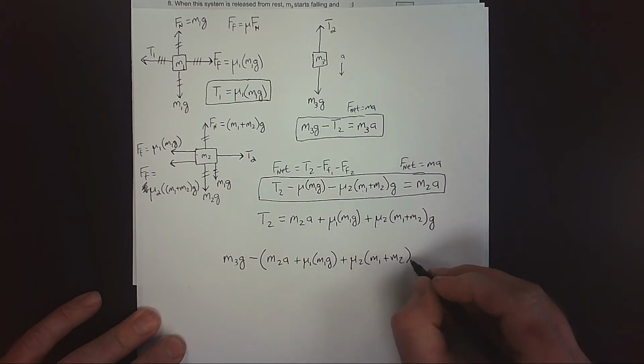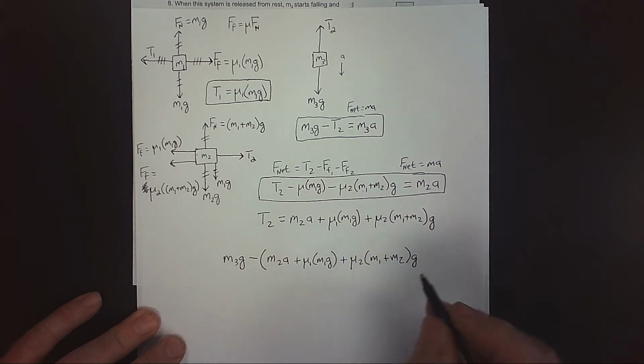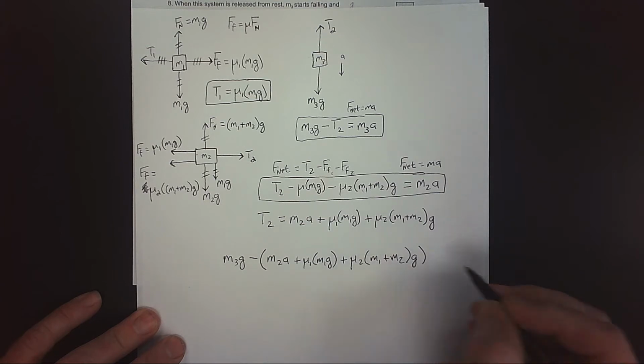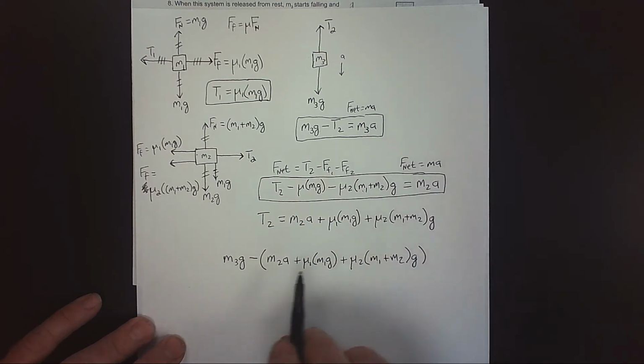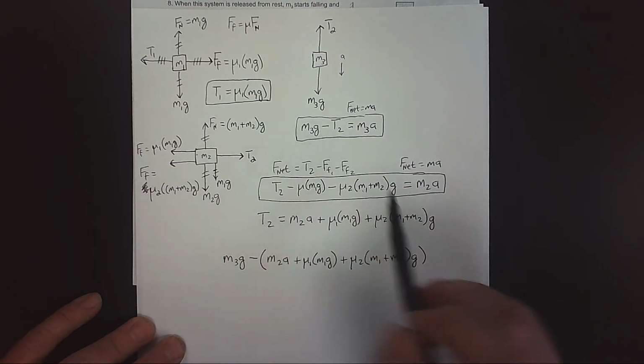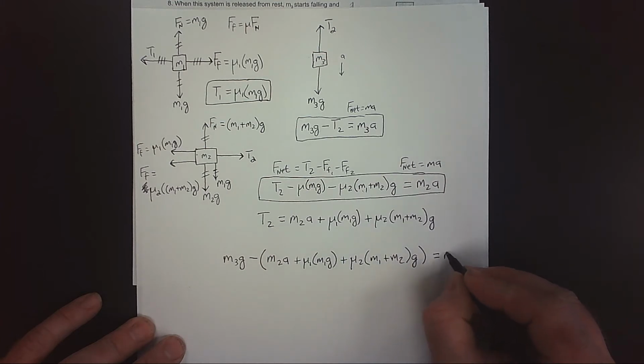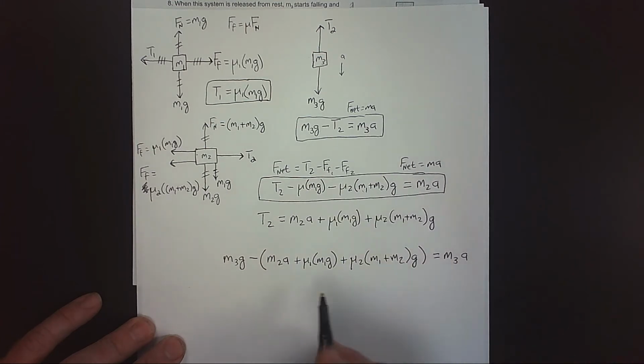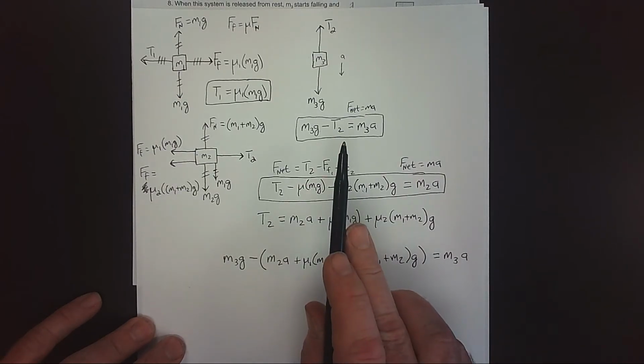You just got to be very careful when you're doing this not to make a mistake. Go slowly and methodically through there. Make sure you don't screw anything up. So this is all t2, and that's equal to m3a.